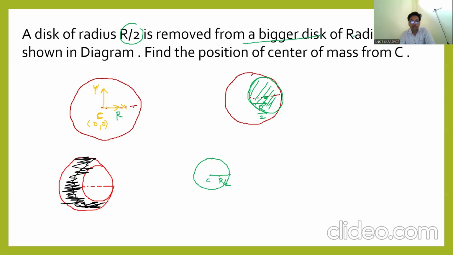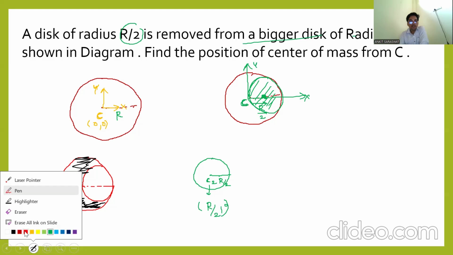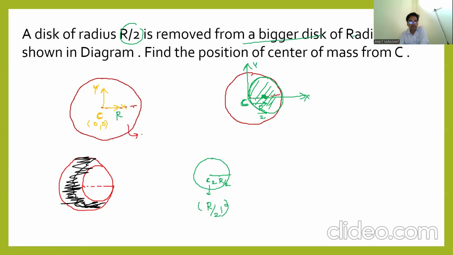Its center of mass C2 will be here, its coordinate will be R by 2 comma 0. Yes, sir. Okay, got it. Now same pattern. What is the mass of this? Find this mass. Mass of disk. Disk will be what?